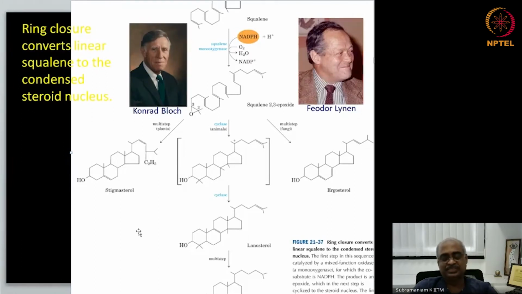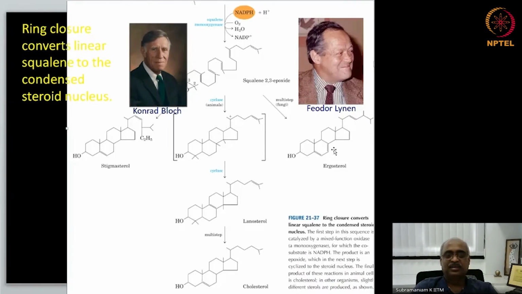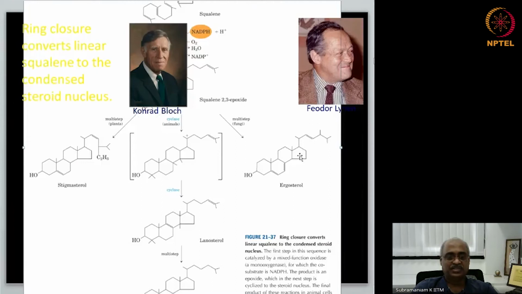Plants do not synthesize cholesterol. Any make of vegetable oil that you buy from any source is cholesterol free. Okay, any plant food is cholesterol free because plants do not make cholesterol. So cholesterol is produced only in animals, and fungi produce ergosterol.